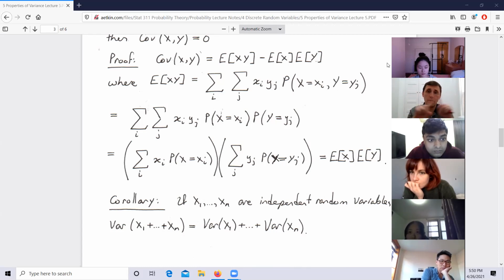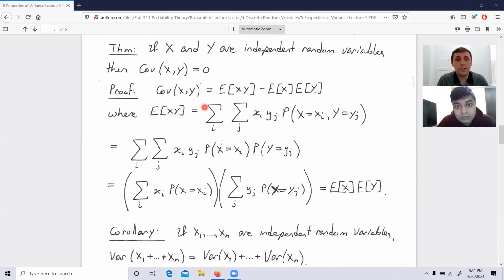So I can always imagine multiplying every value that x can take with every value that y can take times the probability of this combination. Good? So if the variables x and y are independent, then this is an intersection. Probability of x equal to xi, y is equal to yj is the product of the probabilities.